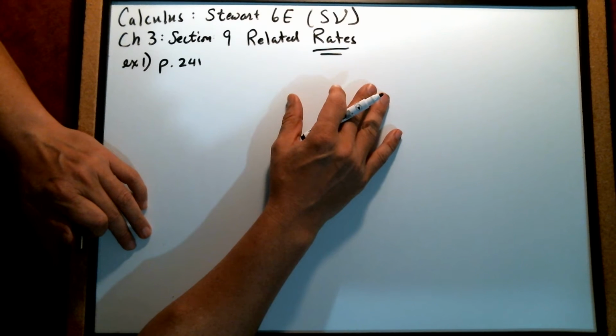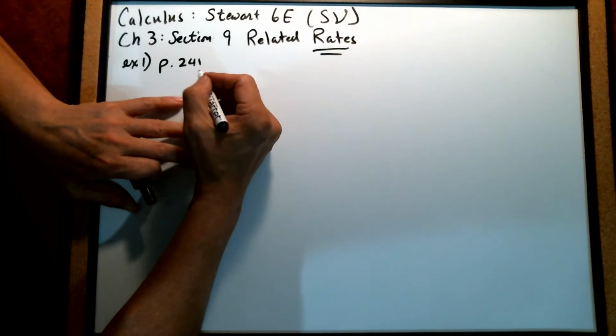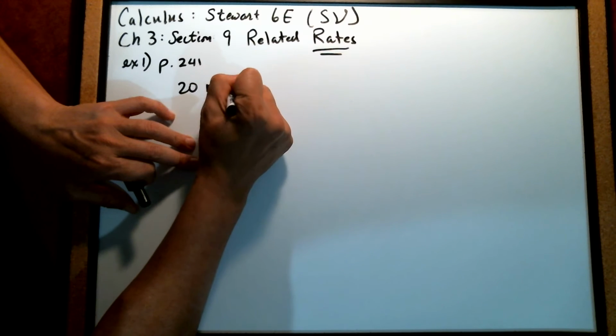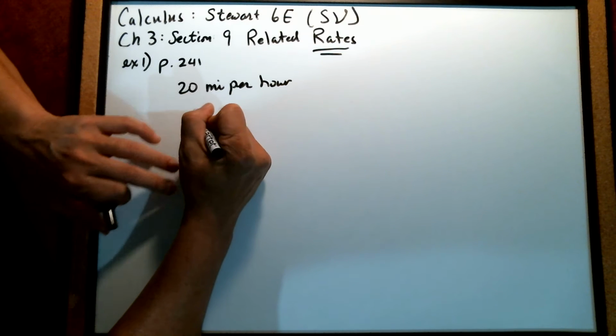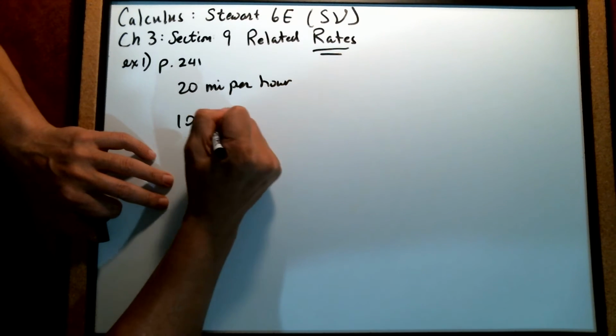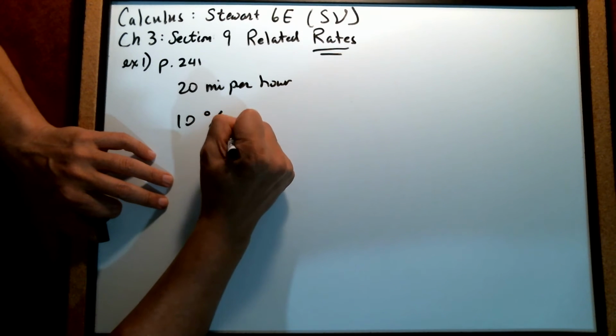Can someone give me examples of rates, or think of some rates? First of all, the easiest one would be 20 miles per hour. Or you can say 10 degrees per minute.